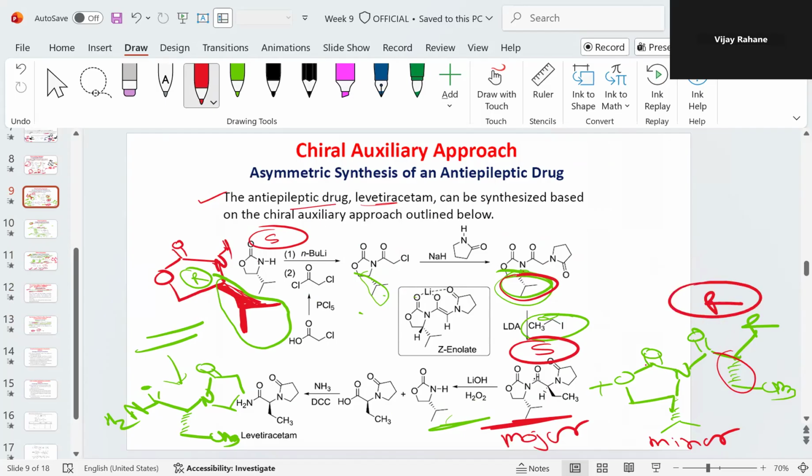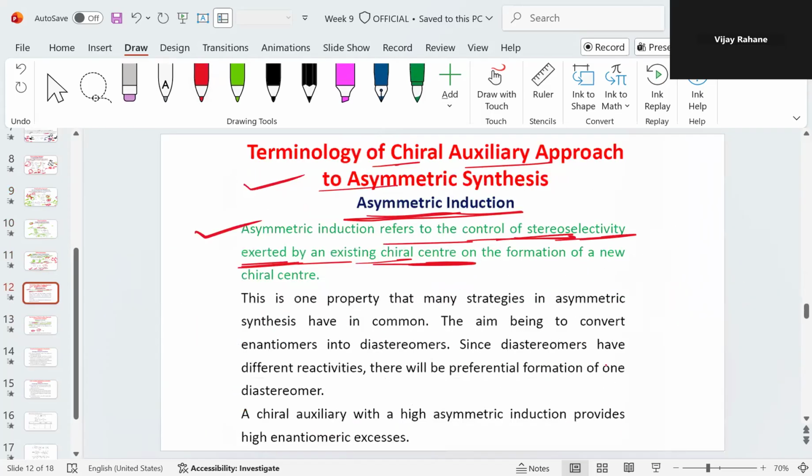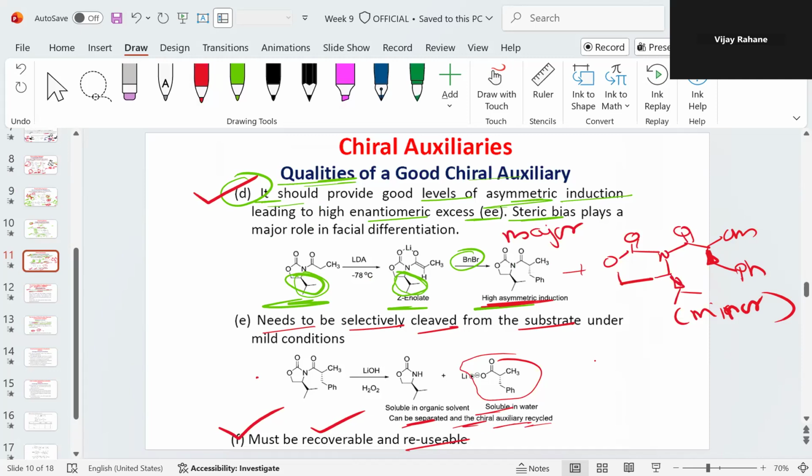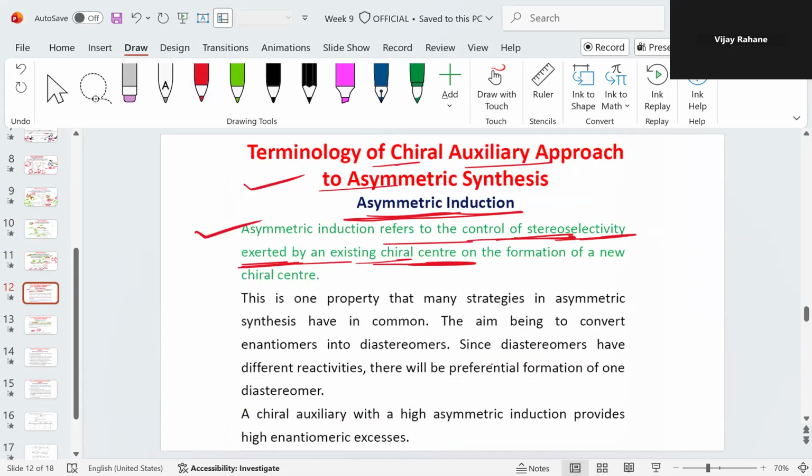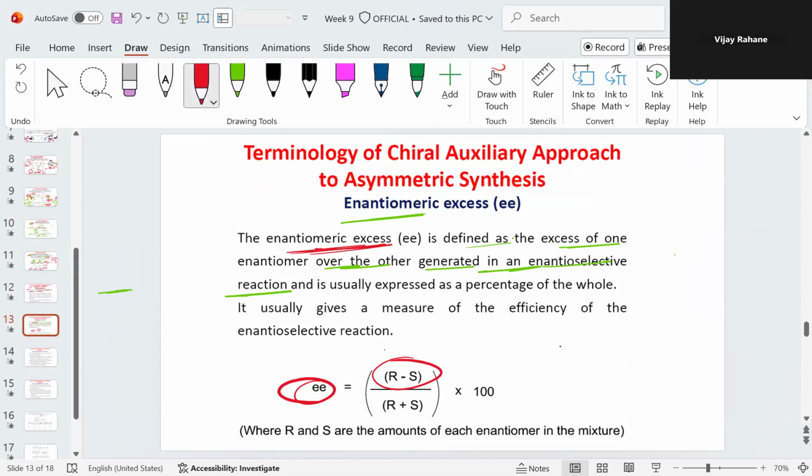I will give a random yield: the S product forms in 90% and the R product forms in 10%. To calculate the enantiomeric excess, the difference is 90 minus 10, divided by the total product formation, and we have taken around 100% product formation.